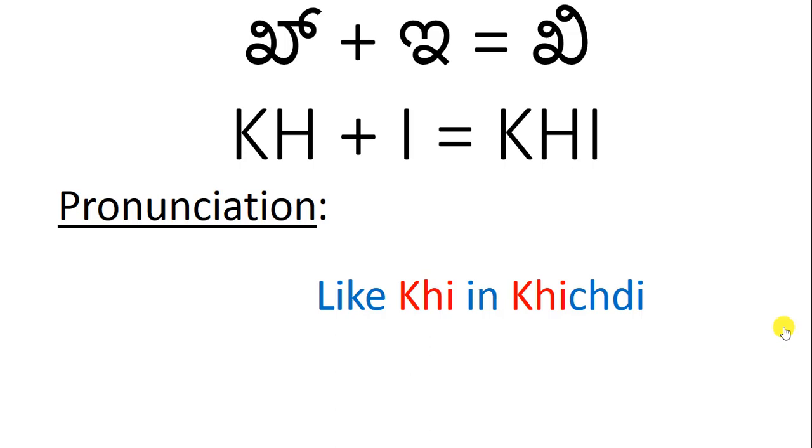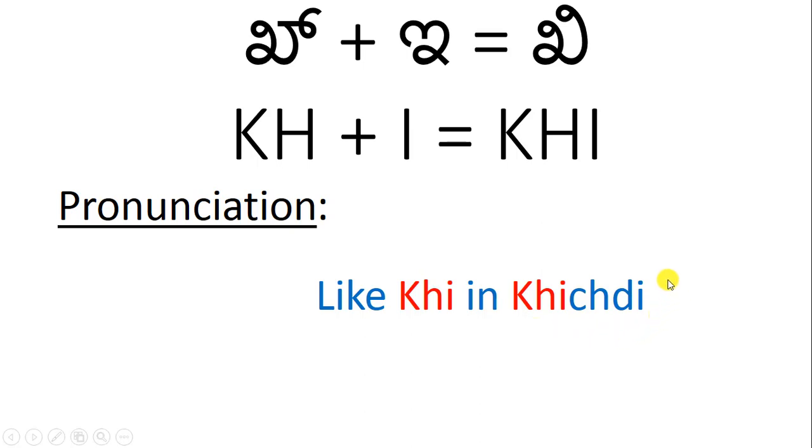The next sound is Khi. The way we get this sound is by adding Kh with i. Kh with i will get you Khi. And the way you pronounce it is like Khi in khichdi.